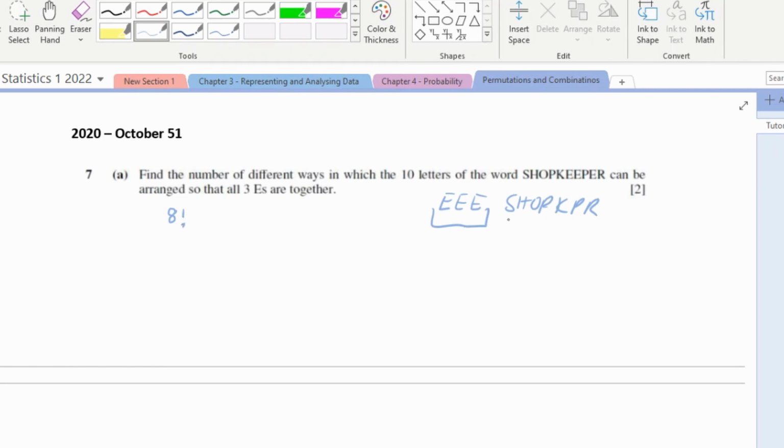Okay, so we've got 7 here, and we treat this as 1. And then we're dividing it by what, Nasia? 2 P's. And this gives us 20,160. So yeah.